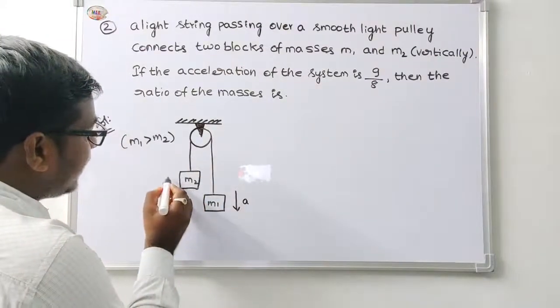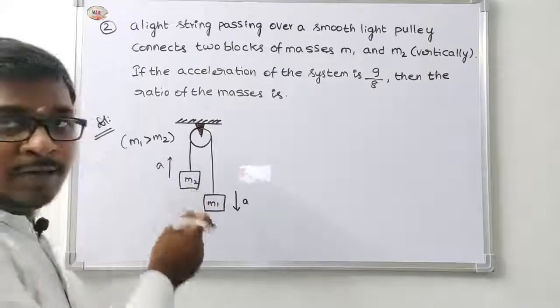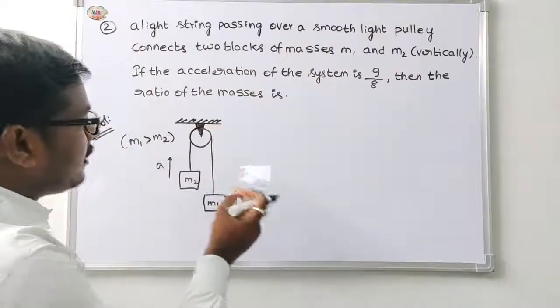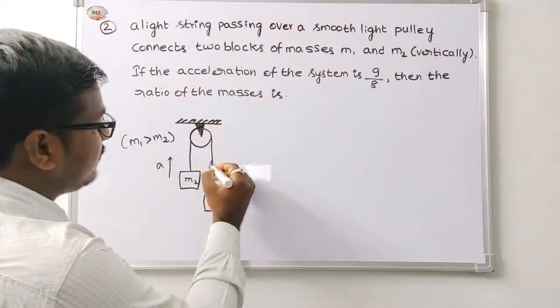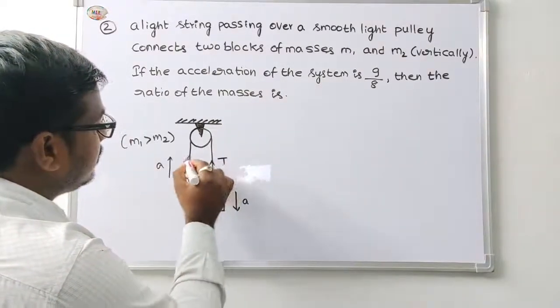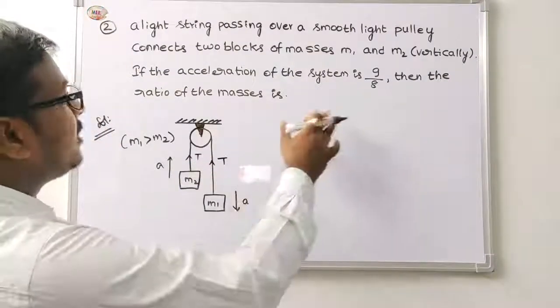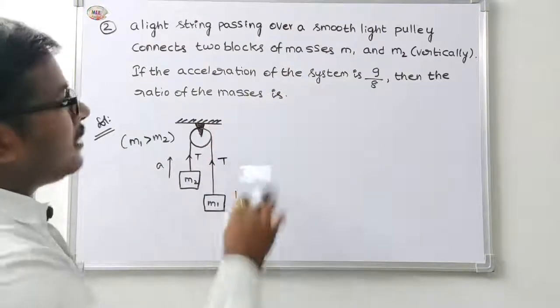The m2 block is moving upwards, the acceleration acting in the upward direction. One force is acting along the string, that force is the tension force T. This is also T. This is the free body diagram of the above pulley problem.